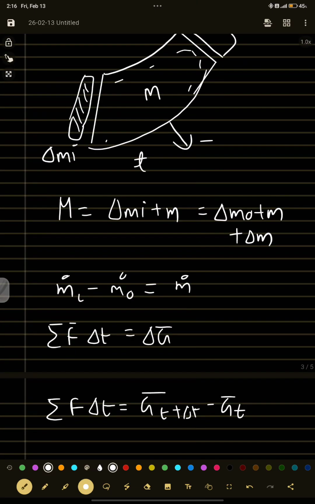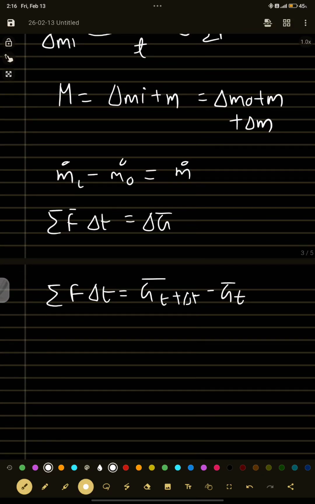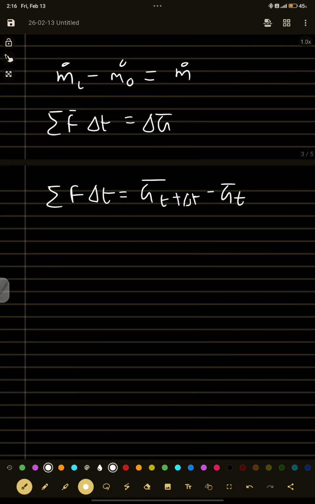It comprises the forces at the supports and attachments, the weight of the fluid, and the self weight of the container. But in this problem, it is said to neglect the weight. The other forces are the force due to the static pressure of fluid at the inlet or at the outlet, or both can be present.